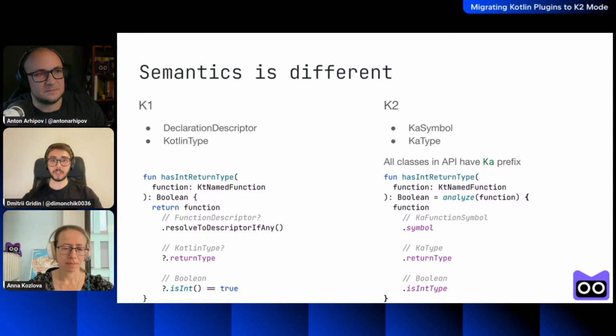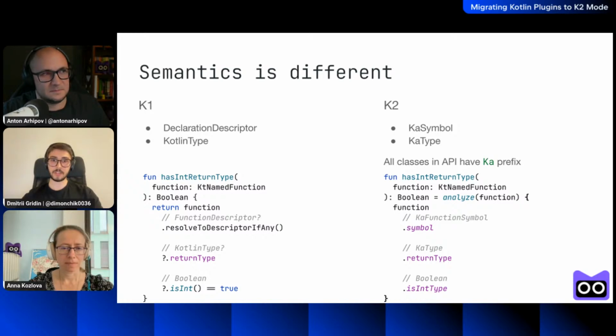On the other hand, we have K2, and here we have similar concepts like KtSymbol and KtType. For convenience, all classes in the Analysis API have the Kt prefix. The same example can be written pretty much the same way.